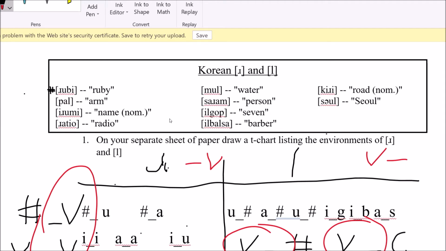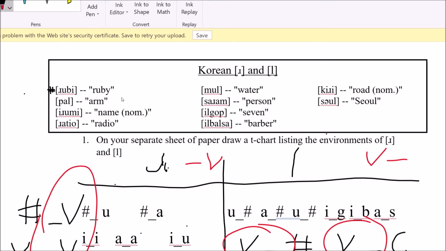But let's say we were looking at this one, and a linguist is looking at this. One thing they might do is go and collect more data to figure out, can they find some words that would show which one is the phoneme. But for you guys, you don't have the ability to do that unless you speak Korean.